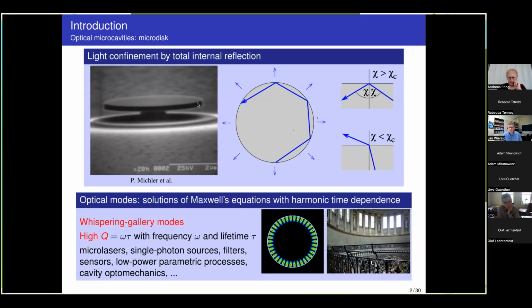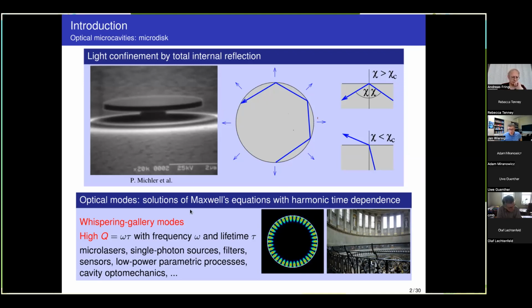There you can confine light on a micro scale just by total internal reflection, as in this cartoon for this ray here. But actually, it turns out that at a curved interface, total internal reflection is not total, but there is some decay to the outside, some tunneling, if you want, like you would call it in quantum mechanics.